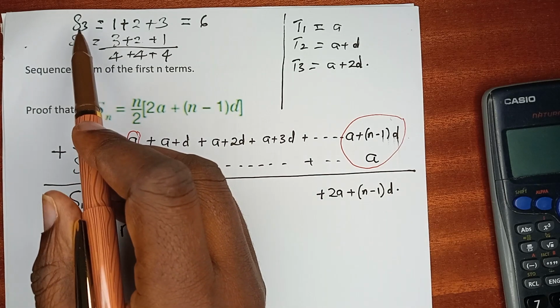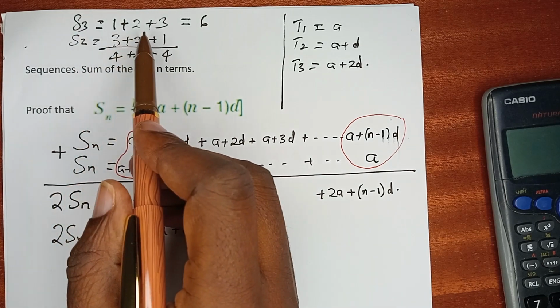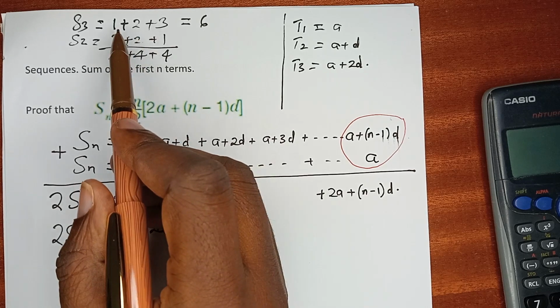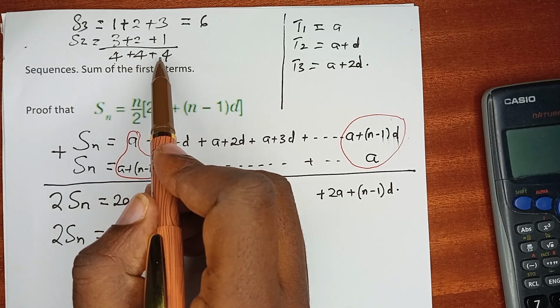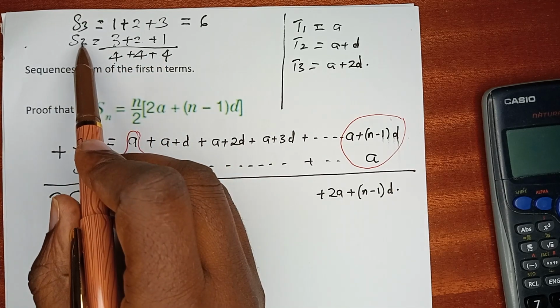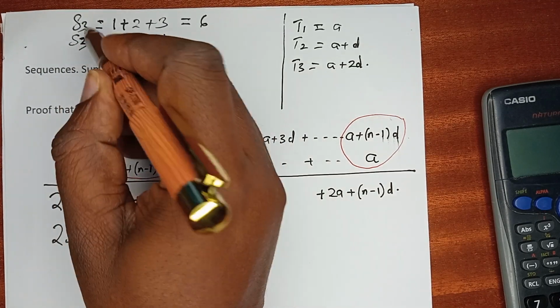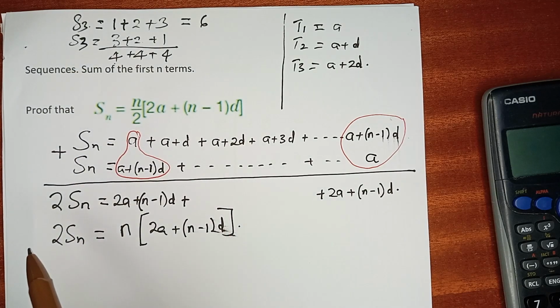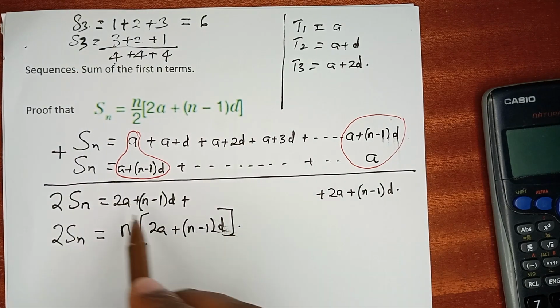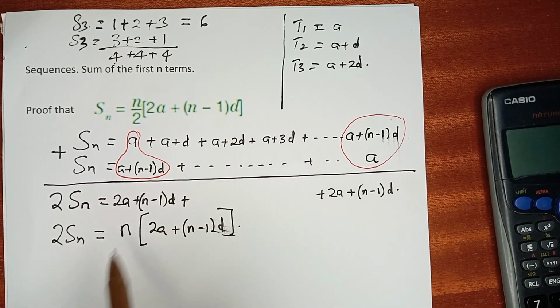Because when we wanted to find the sum of the first 3 terms, the common sum, which is 4 here, repeated itself three times, whereby the value of n was 3. So we have a common sum n times.